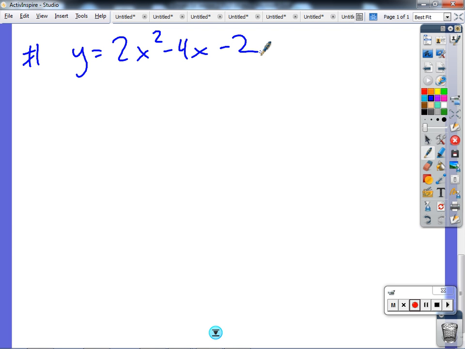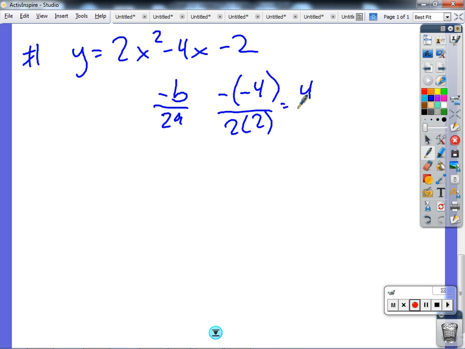Addie, you remember how to find your vertex? What formula? Very close. Negative b over 2a tells us the x value of our vertex. So in our case, we have negative 4 over 2 times 2. So therefore, 4 over 4. So the x value of our vertex, which we call the axis of symmetry, is 1.